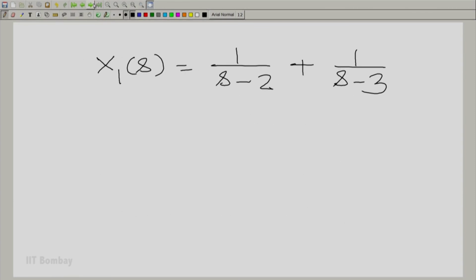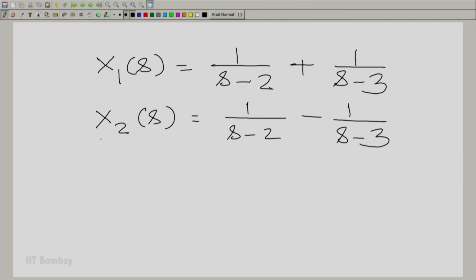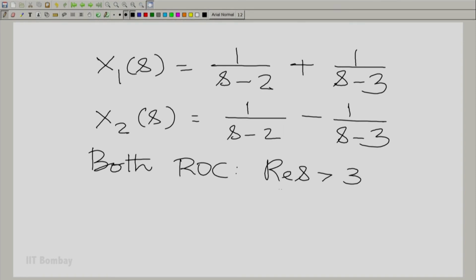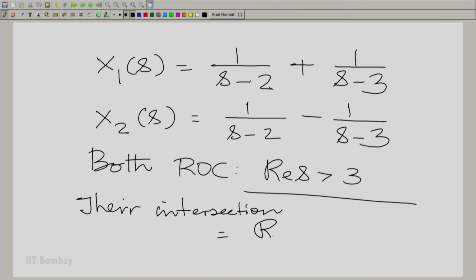So, the first Laplace transform would be 1 by s minus 2 plus 1 by s minus 3, and the second one would be 1 by s minus 2 minus 1 by s minus 3, and both have the regions of convergence given by real part of s greater than 3. Now, when I take their intersection, what do you notice? Their intersection is of course real part of s greater than 3, nothing very great about that.